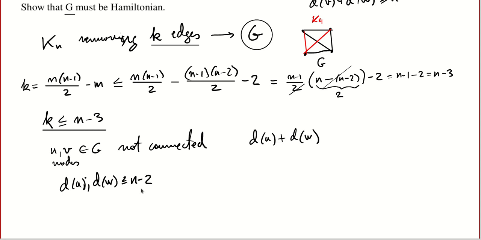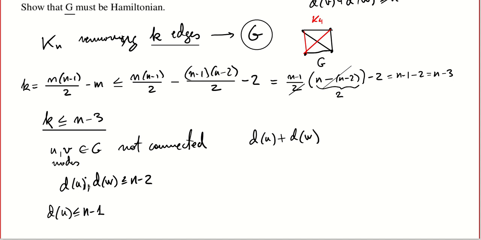Remember, the degree of any node of any graph is bounded from above by n minus 1, because n minus 1 is the total number of other vertices in the complete graph. So if it is connected to all of them, then it will have degree n minus 1. So any vertex of any simple graph will contain at most this number of edges. Okay, so they are bounded like this.